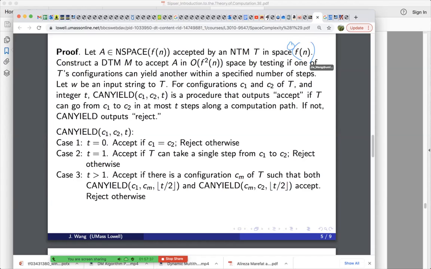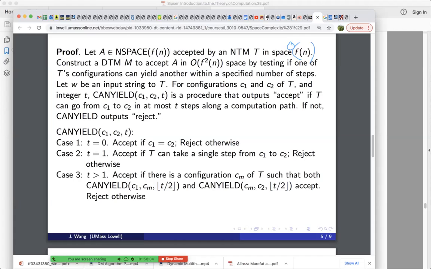Okay, so now we construct a deterministic Turing machine. Basically it's to search for intermediate configuration. Well, when you say search, we just think about all possible ones one at a time, and then that becomes deterministic.